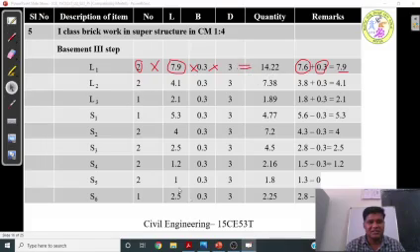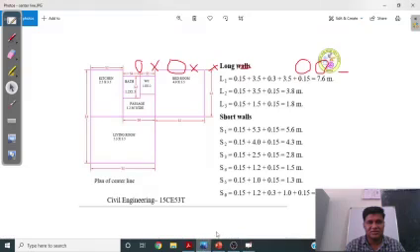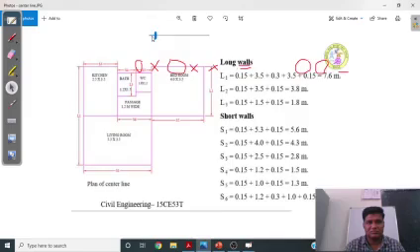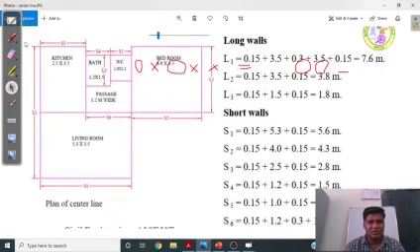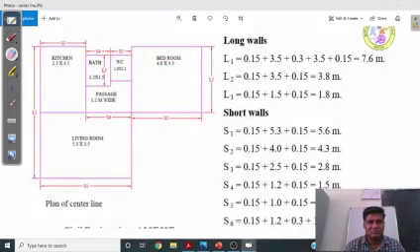So similarly, this is wall L2. L2 has two numbers, 1 and 2.